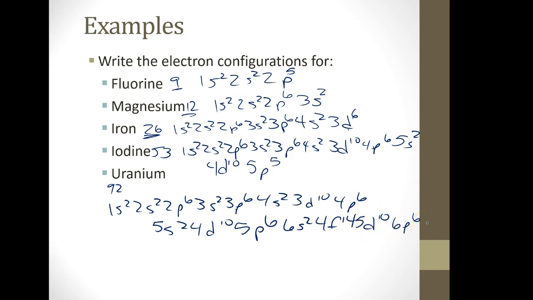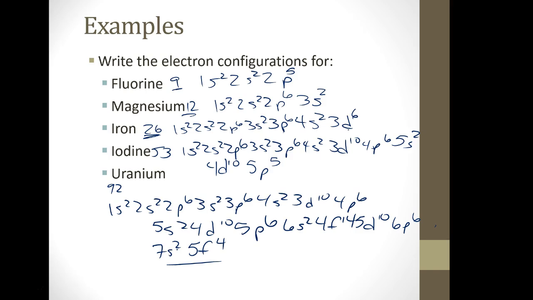At that point, I think I'm up to 86. And then after the 6p6 is 7s2, and then 5f. That's 86, that's 88. I need 4 more, 5f4. Okay, so it can get really long and tedious, but it will always work.